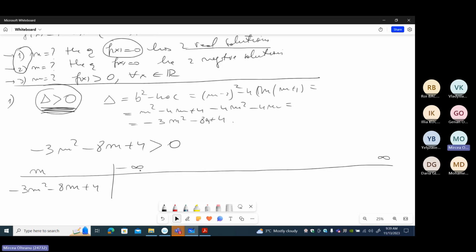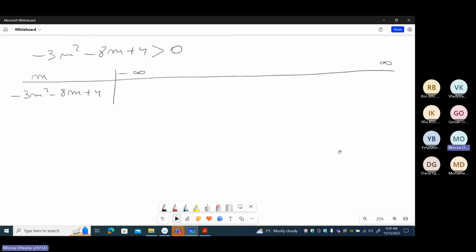We need to complete this table. Again, we shall use the sign of the quadratic function, which says first compute delta, 64 plus 48, which is 112, which is positive. So we are in the third case this time.